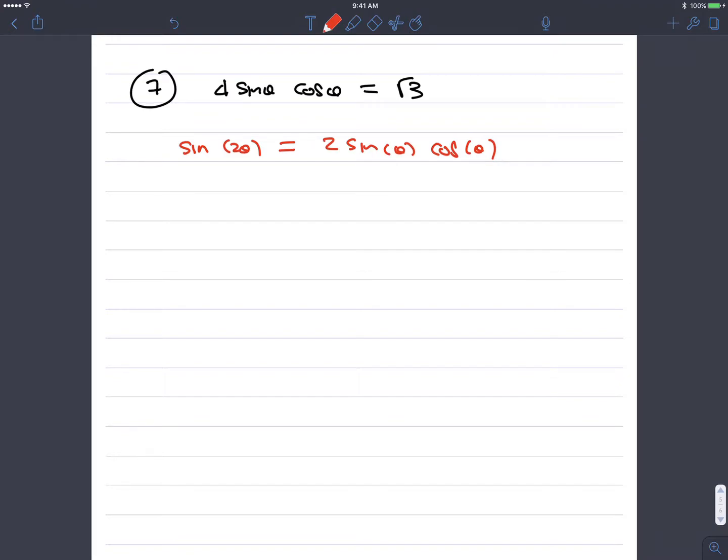I'm going to say to you, okay, then what does that mean? That means that if I divide both sides by 2, sine 2 theta divided by 2 is sine theta cosine theta. So wherever I see now a sine theta cosine theta, right here, what could I replace that sine theta cosine theta with?